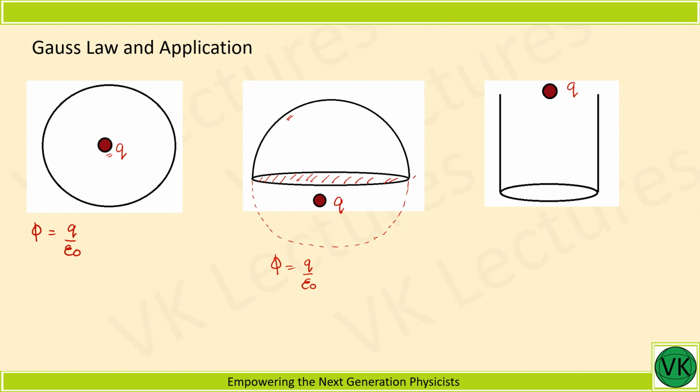Since we have two hemispheres and the question is about the first half, you have to multiply by 1 by 2. That means the flux is passing through one out of the two surfaces, so it is q by epsilon naught into 1 by 2, that is q by 2 epsilon naught.